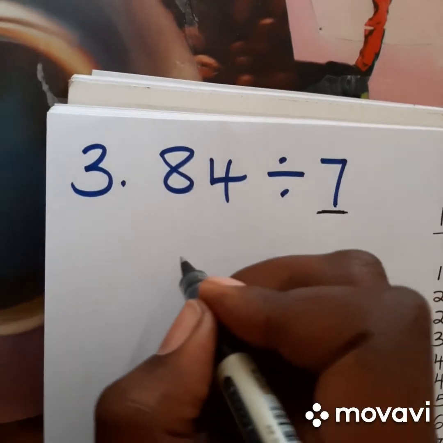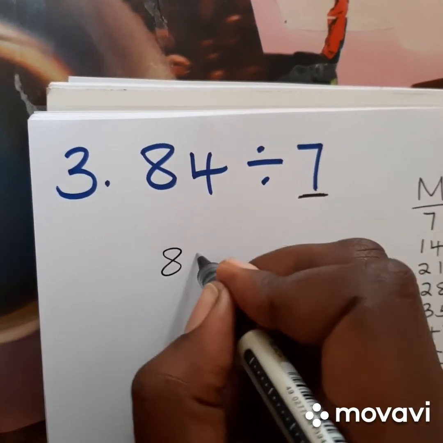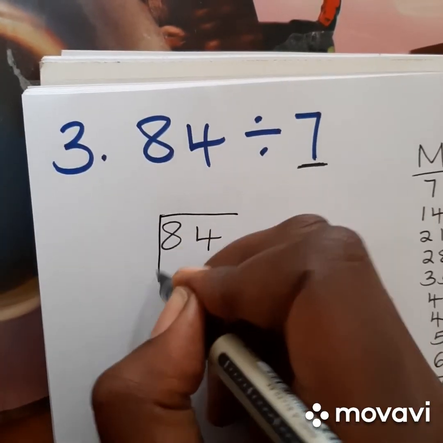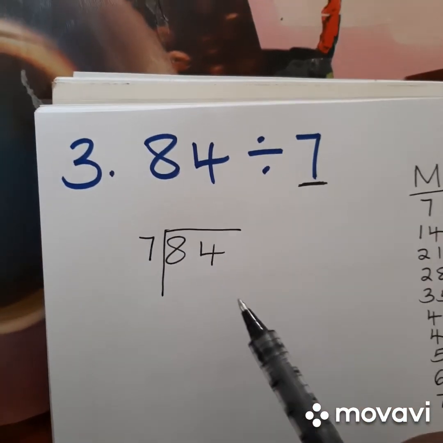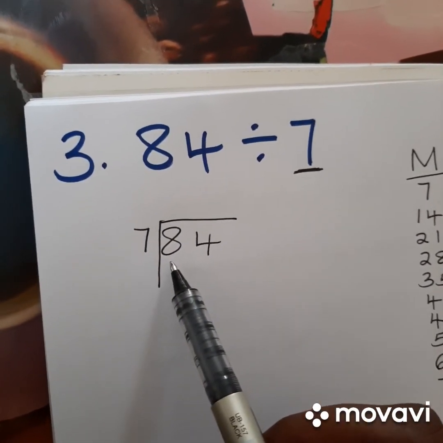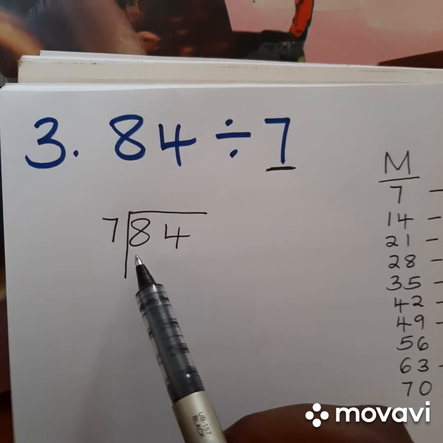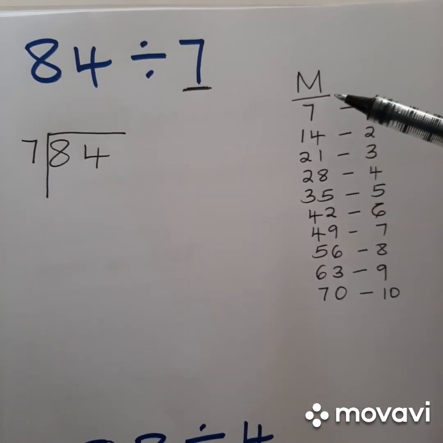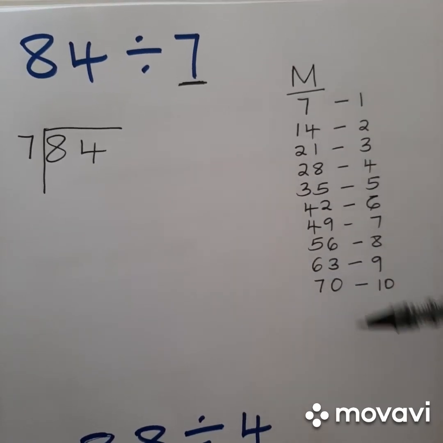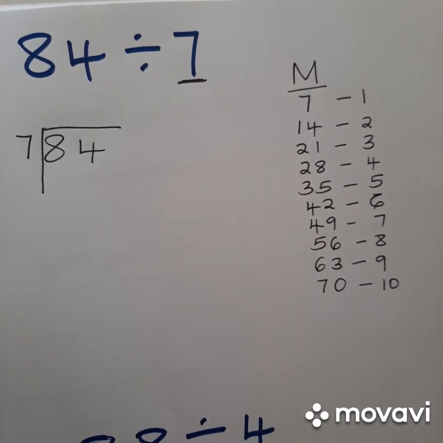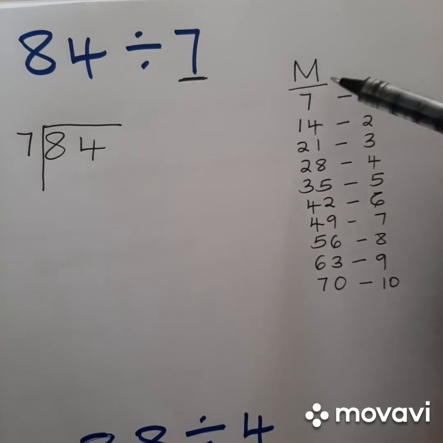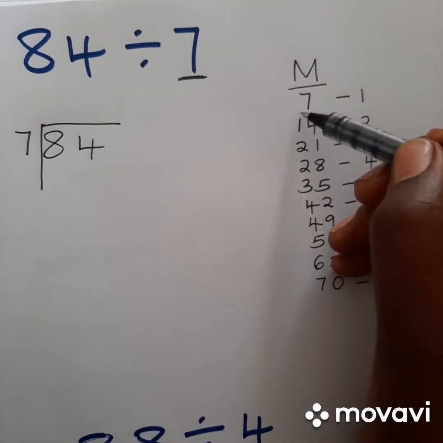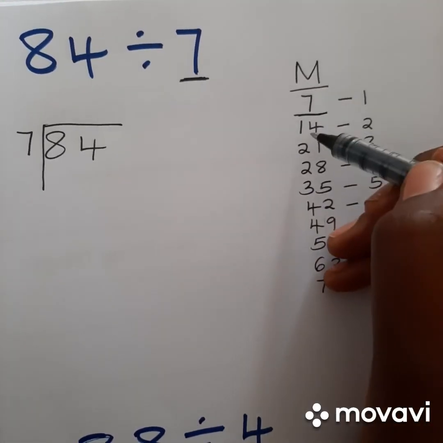So you come here and do the long division. 84 divided by 7. So how many times can 7 be in 8? So you come and check here. You look for 8 among the multiples here. So you'll find that there is no 8 here, but we know 8 is in between 7 and 14.